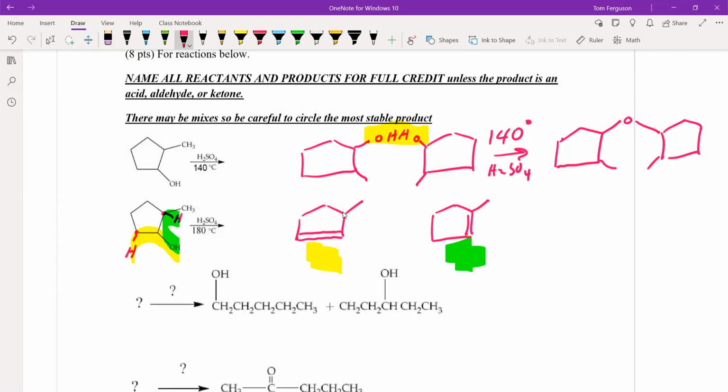Okay, we have to name them now. Let's name these guys. This is going to be a cyclopentene. So is this one.